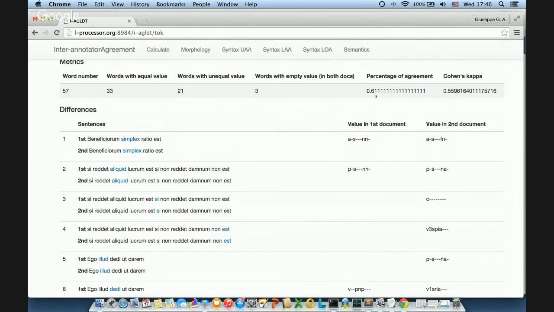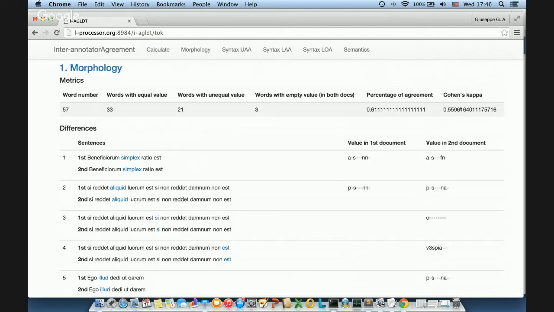Okay, I'm not saying anything about this other value, which is a coefficient, a number which also takes into consideration the fact that there might be some agreement by chance. So this is a little bit more complex.